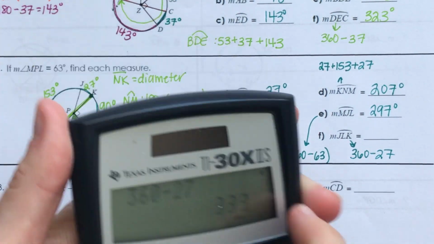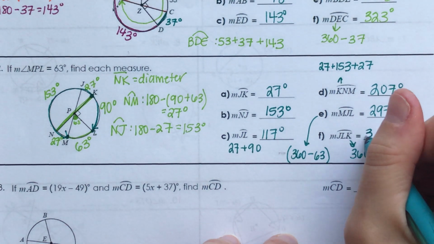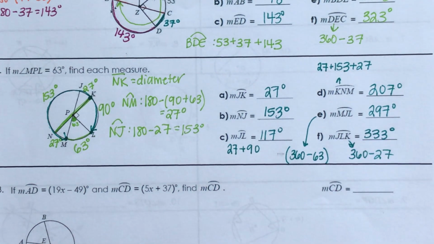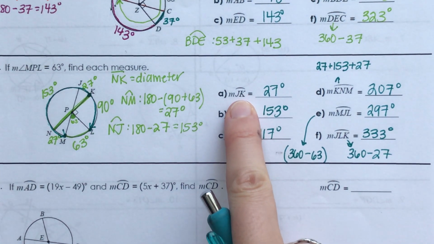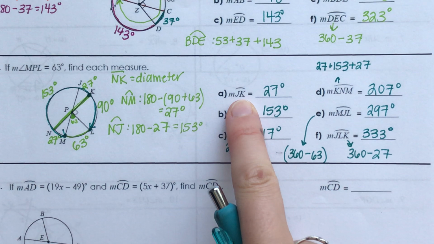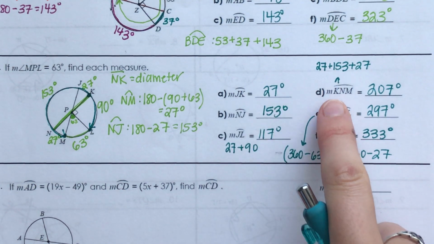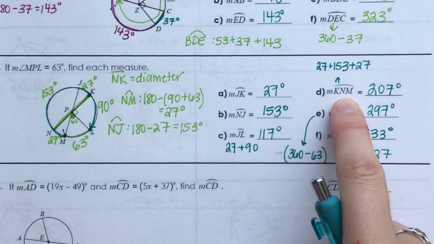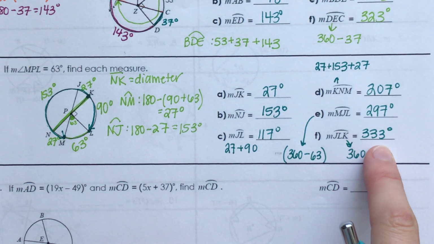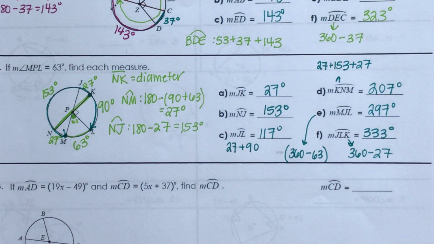And I get 333 degrees. All right, so make sure that when there are only two letters, that means it's a minor arc, so it should be less than 180 degrees. If it's got three letters, that means it's a major arc. It should be greater than 180 degrees. So that's a quick way to tell if you're doing something right or not.